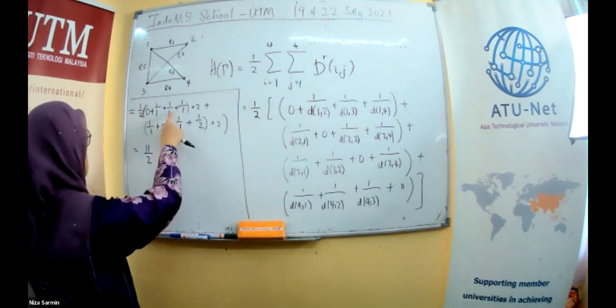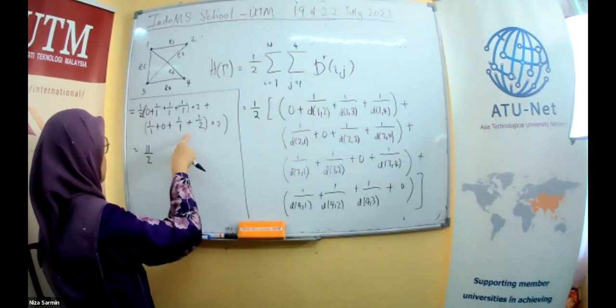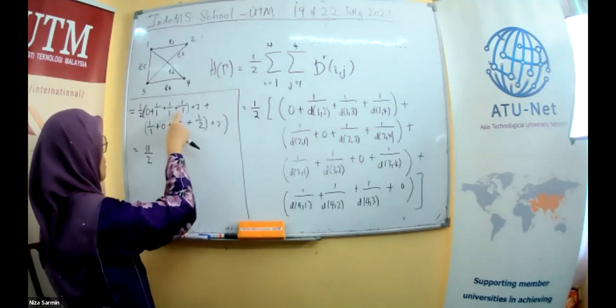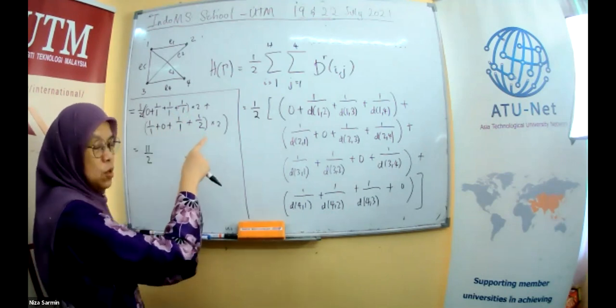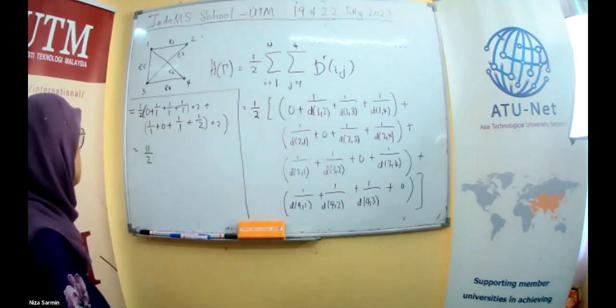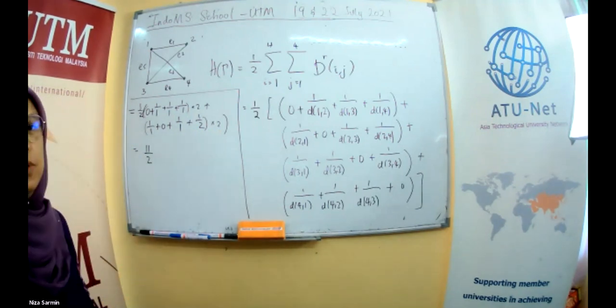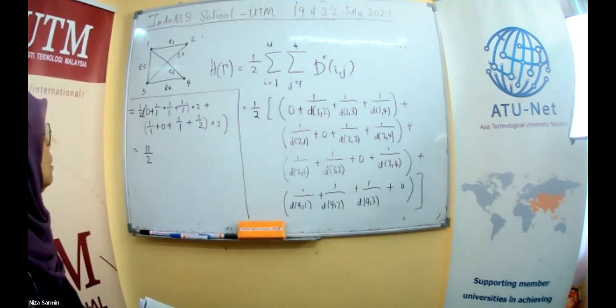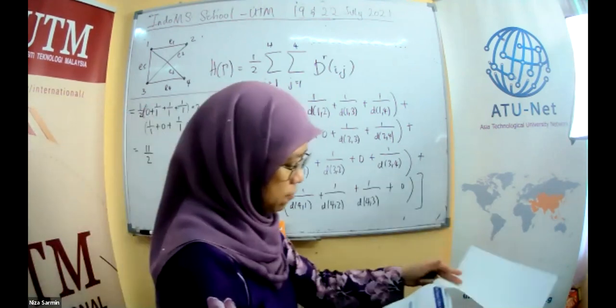So this one is 6, this one is 5. This one is 3, 3 times 2 is 6. This one is 2.5, times 2 is 5. 6 plus 5 is 11. So 11 over 2. So this is the Harari index for our particular graph.